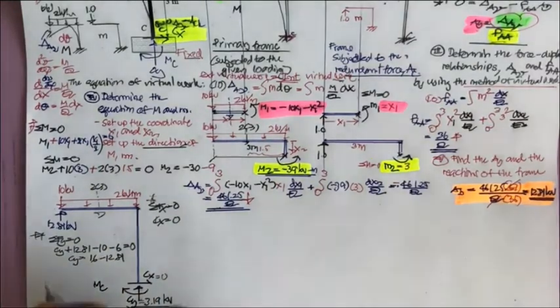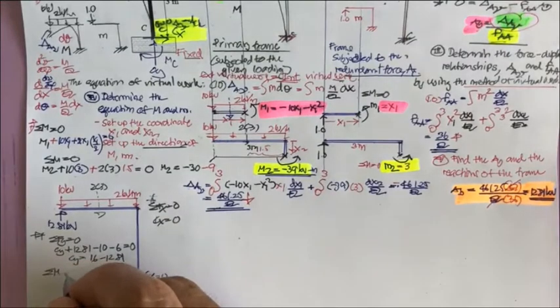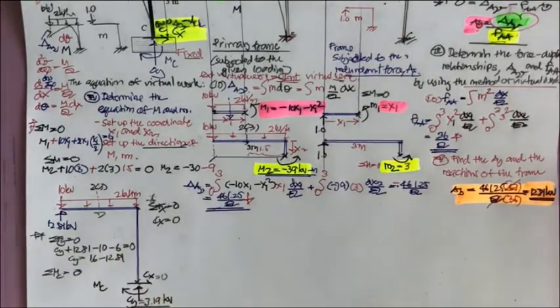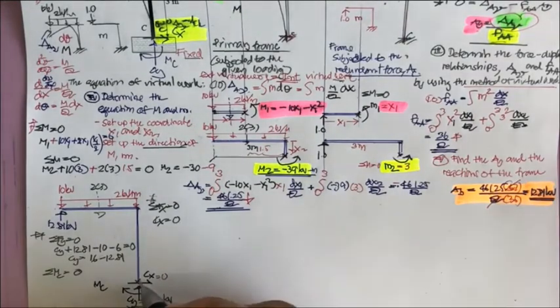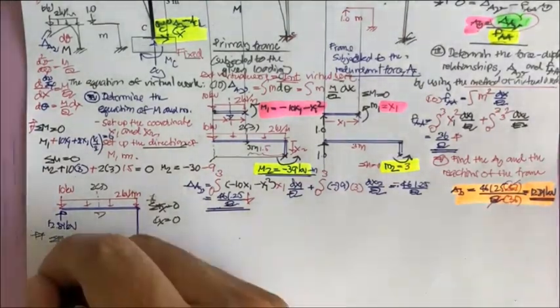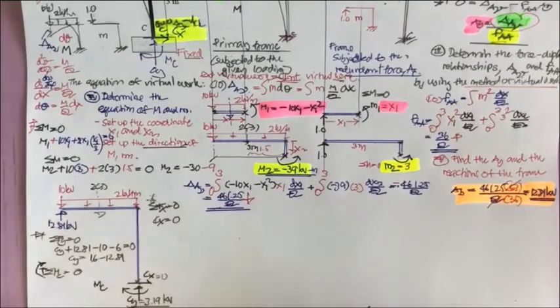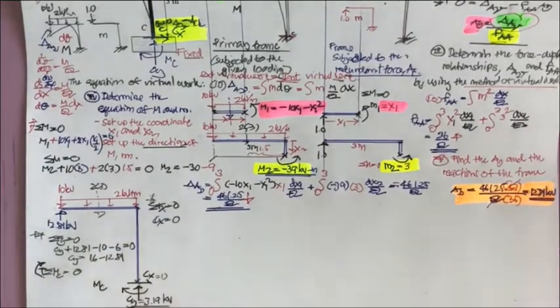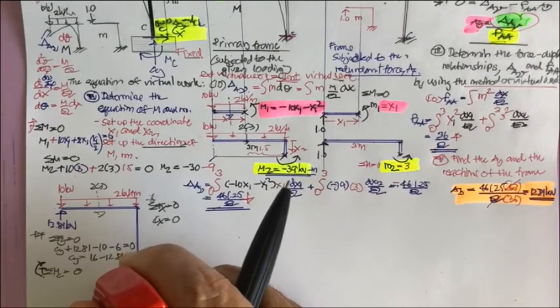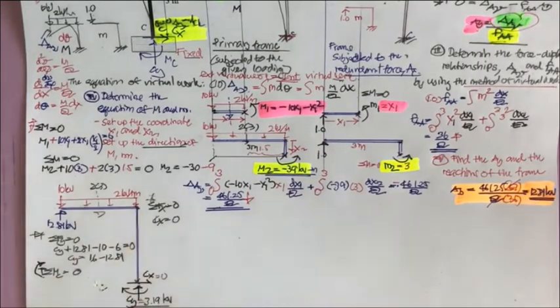And the last one, summation of the moment at C equal to 0. Now you have your M sub C, right? Your M sub C is going to be in this direction, so you put this one as the positive, and then you got to move your M sub C a little bit this way.